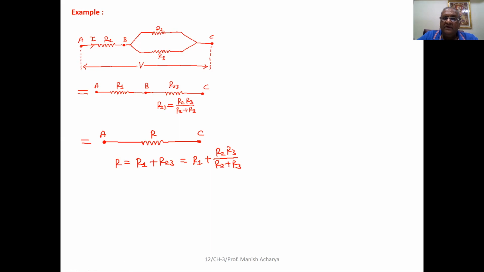Now current in the circuit I is equal to V upon R equivalent. So V by R equals V by R1 plus R2 R3 upon R2 plus R3. So in this way we can simplify the circuit. Clear to all of you?